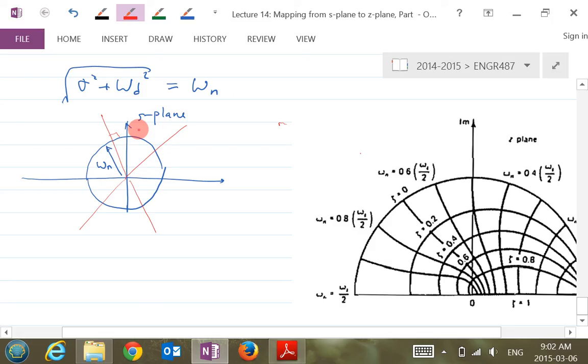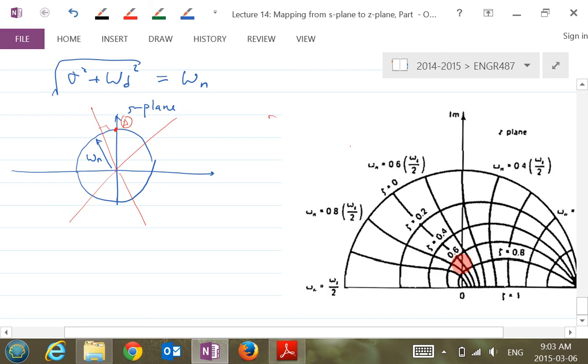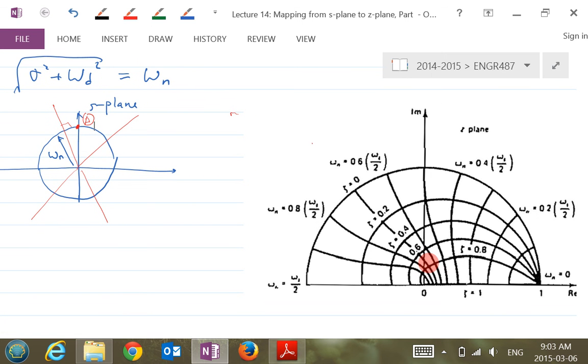But if I don't tell you anything, if I just see a point on this circle, where would this point be mapped to? Let's say this is A. Where would that point A be mapped to in the Z-plane?